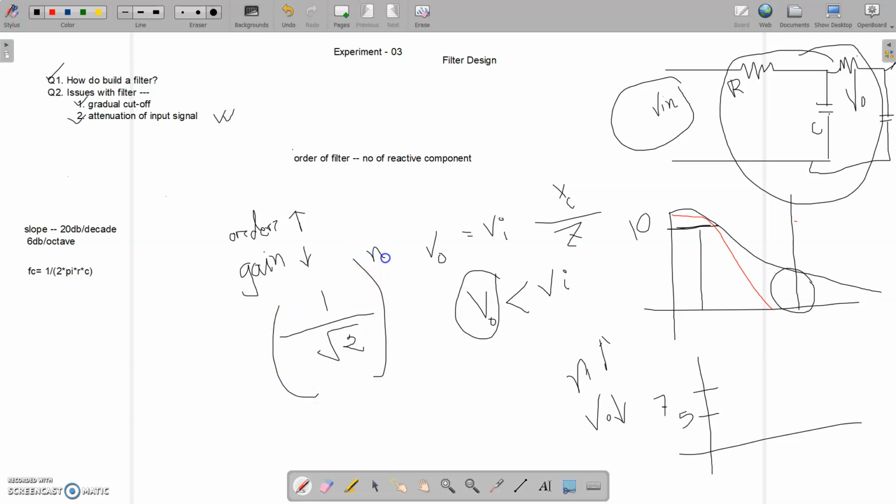As you can guess, if we increase n, it will decrease this way. So for first order, n equals 1, you get 0.707. If we make it 2, it will become 0.5 of V input. That will be my output. So it has decreased quite a bit. With n equals 2, it has already become half of my input signal, so we don't want to go any further.